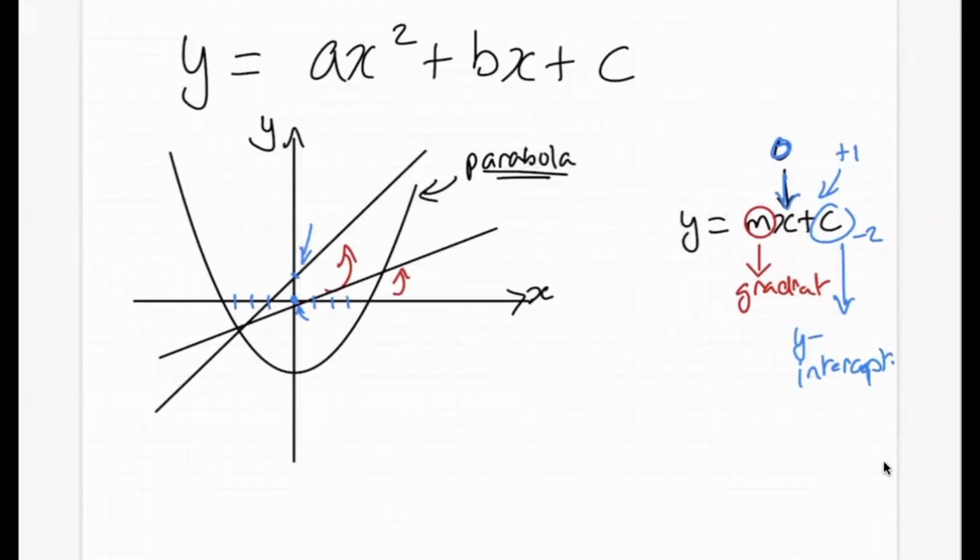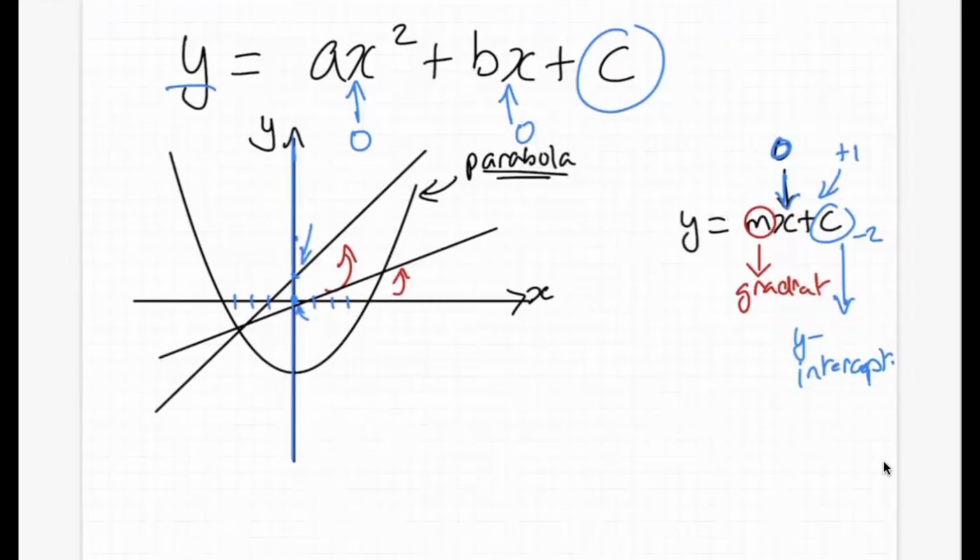Now, our constant in our quadratic equation has the same purpose. So our c in our y equals ax squared plus bx plus c graph has the same purpose. So when x is 0, again, you're going to be left with the y value, right? So when x is 0, we're going to come to the y-axis, because the y-axis is where x is 0.